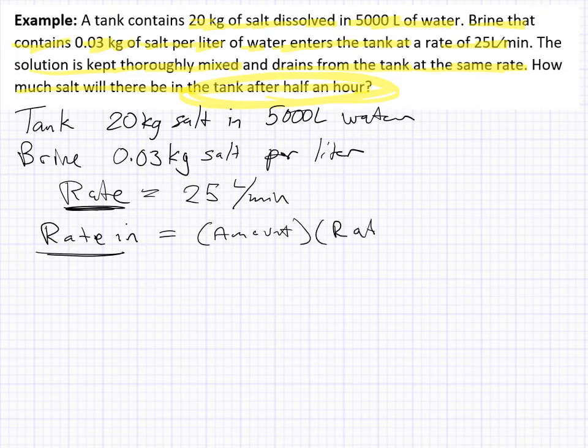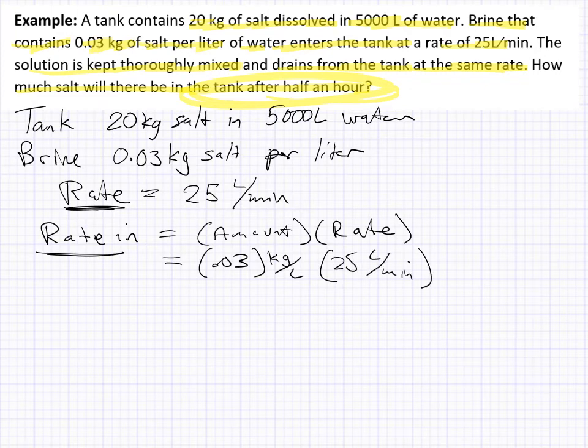In this case, it's 0.03 kilograms per liter, times the 25 liters per minute. And so if you notice, these liters will cancel. In the end, we're going to get 0.75 kilograms per minute. So that's your rate in.